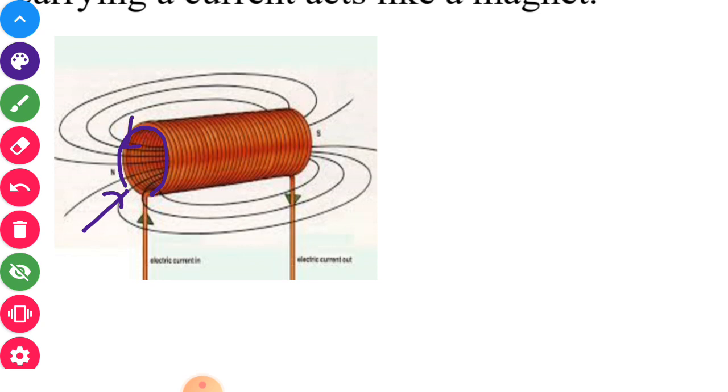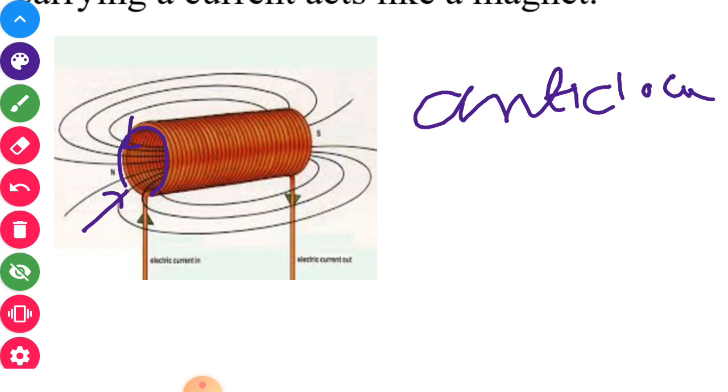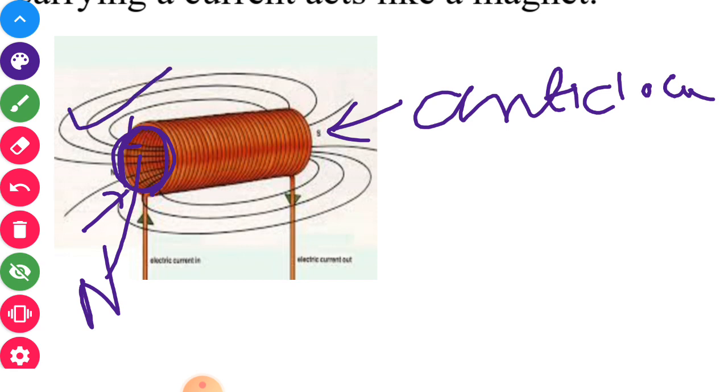So if you are looking at the coil from one side and you find that the current is in anti-clockwise direction, then this side of the coil will behave as north pole. If you look from the other side, then the same current will appear to you in clockwise direction. Try to understand.